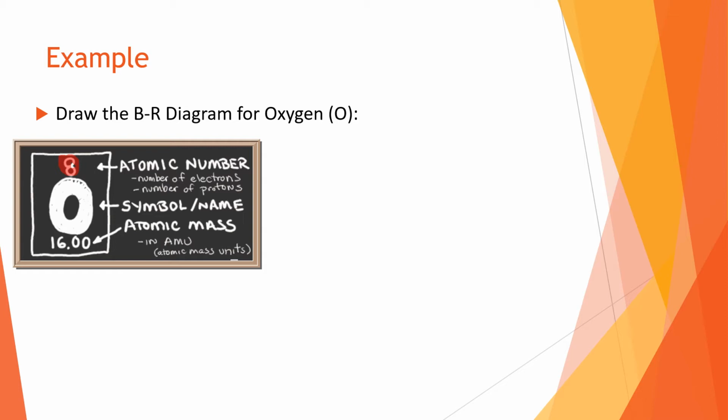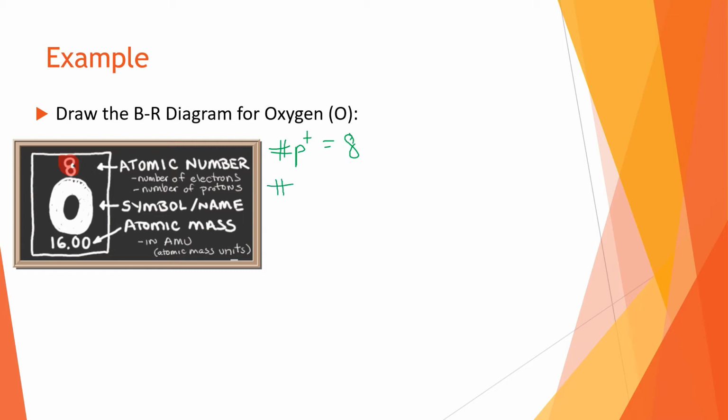Okay, so for oxygen, I'll get this in green. So we're dealing with oxygen here. The number of protons is the atomic number. So we need to be able to pick that information out. It's 8.